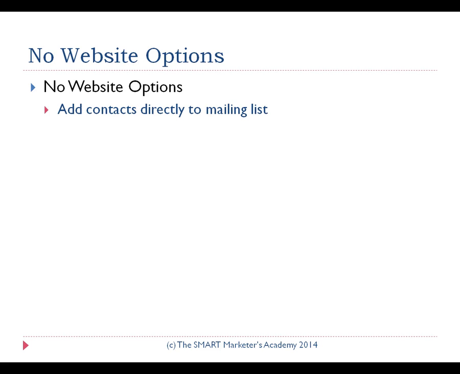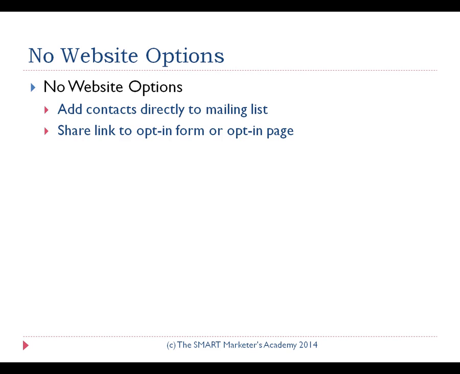Manually. Now if you don't have a website, another thing you can do is take the link to the form that you've created on your service provider's site, and share that around, maybe on the net, or even give people a URL. You can have your business card with a URL to that particular opt-in form.